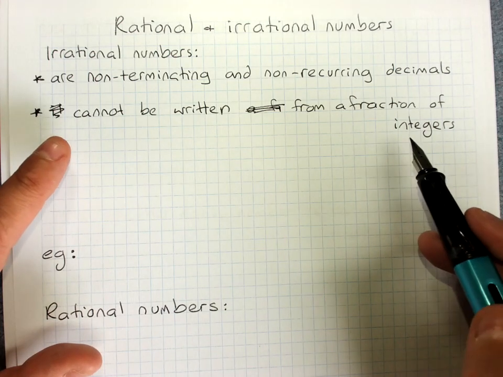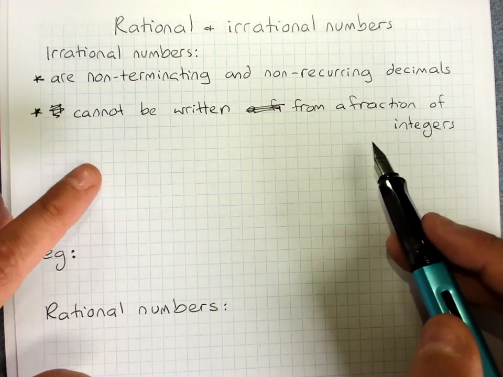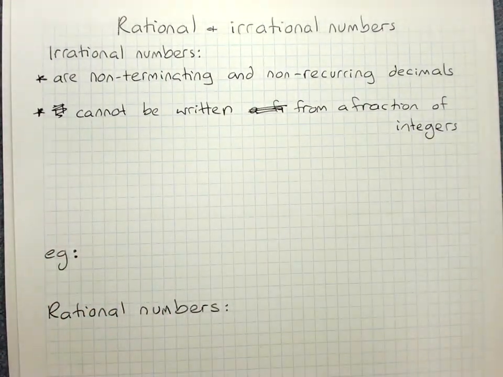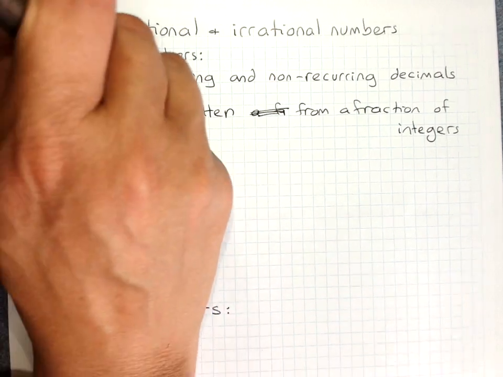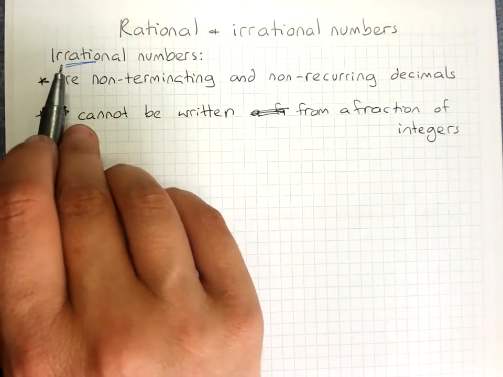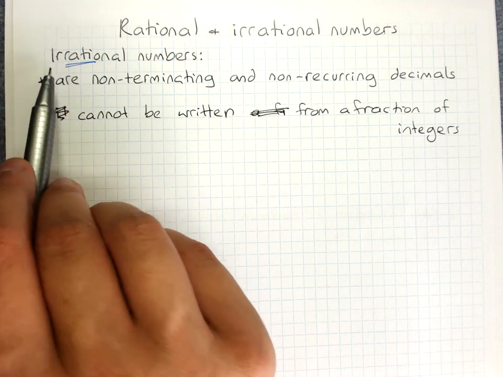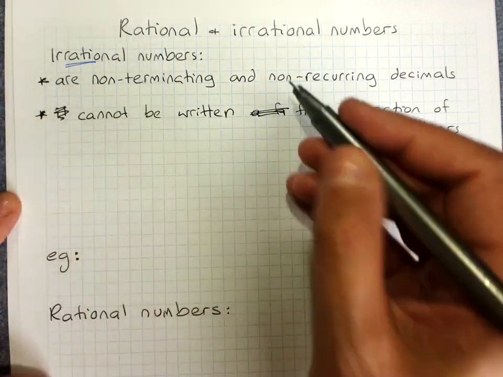Now, if it was a fraction with pi in it, fine. Pi isn't a whole number, it's not an integer, that's not cheating. And the reason they're called irrational is because the word ratio means fraction.